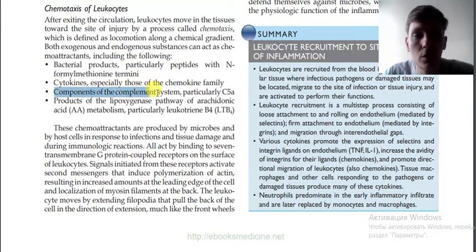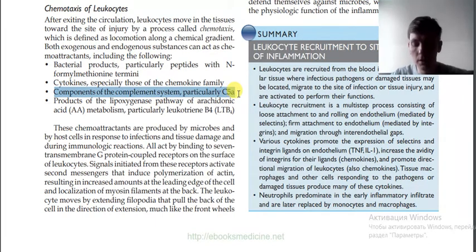Then components of the complement system, particularly C5a. We'll discuss the complement system, but keep in mind that it is a system of proteins which are dissolved in blood, and they are waiting for their activation as a response to inflammation.